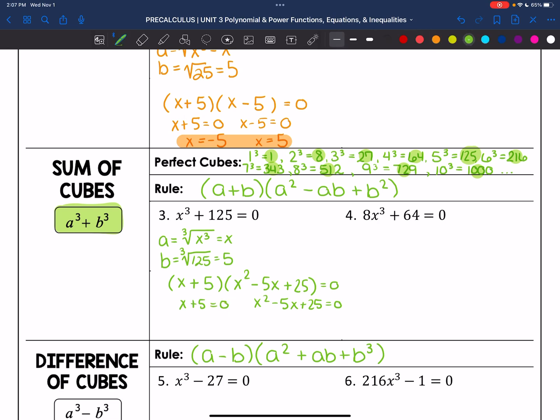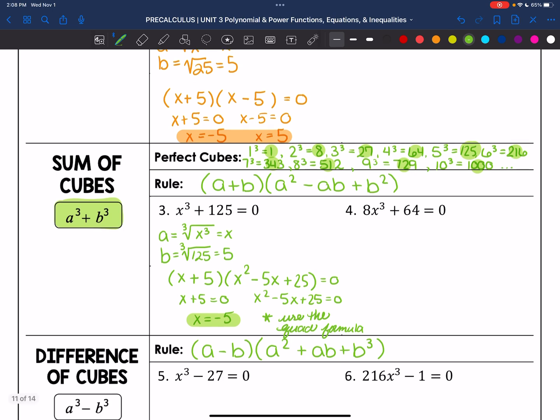We can solve this first one pretty quick. It's just going to be -5. But for this next part, we're going to need to use the quadratic formula to solve that trinomial. That's what we saw in our previous lesson. So let's go ahead and do that over here.